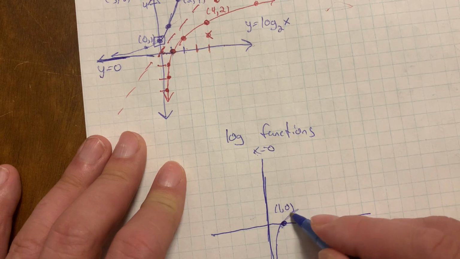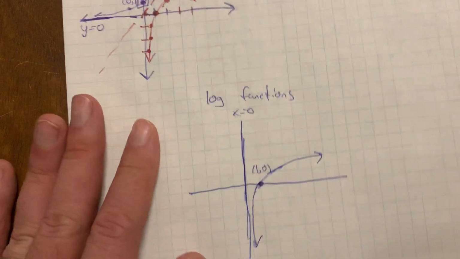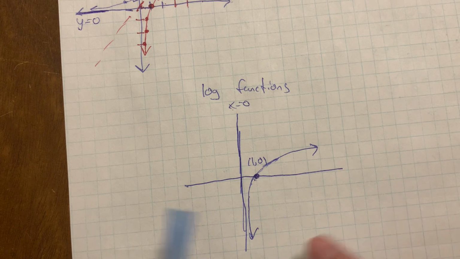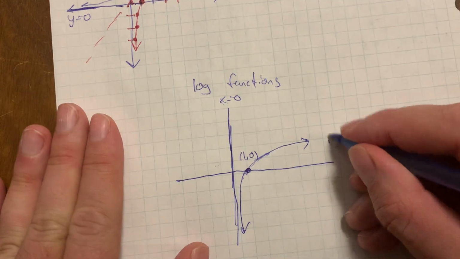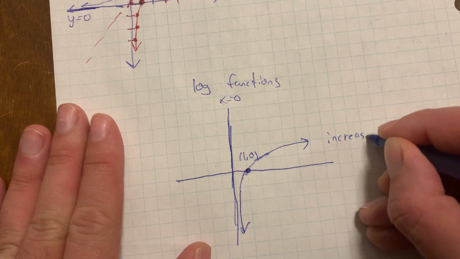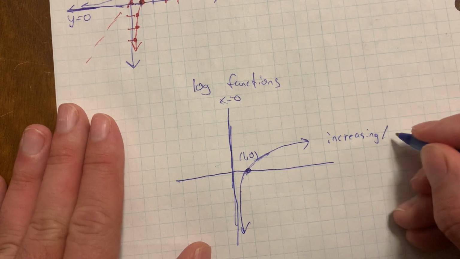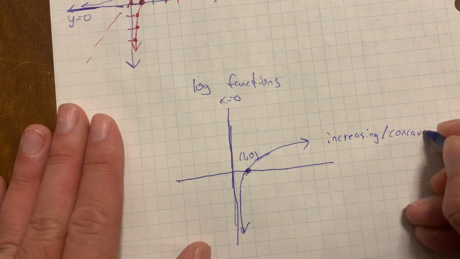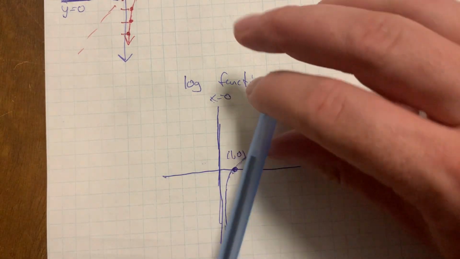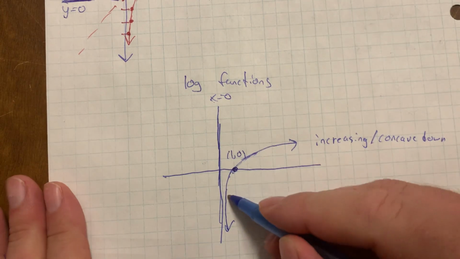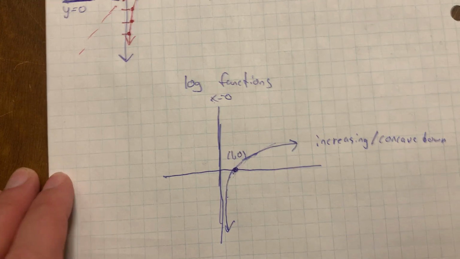And all log functions will be increasing but concave down. So this function is increasing, but it is bending down. So increasing, but concave down. So even though the function is going up, it is bending downwards, and that means it's growing more and more and more slowly.